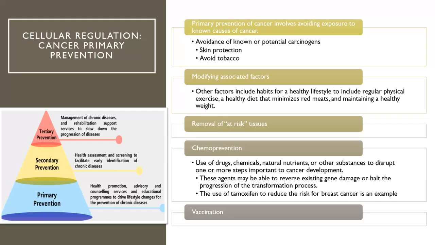So, primary prevention. When we talk about prevention, we have primary, secondary, and tertiary. Primary is how we prevent any kind of risk, really. And then secondary is screening.